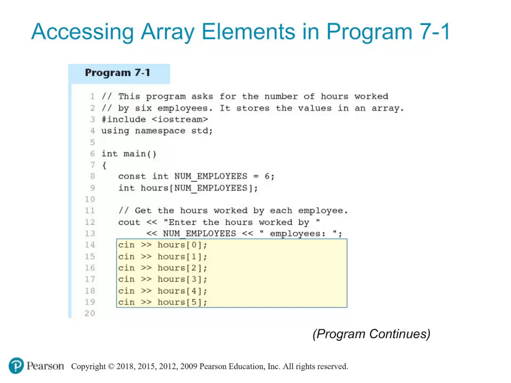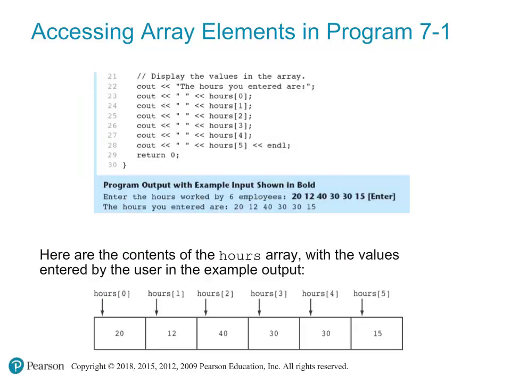Notice how we are accessing individual array elements to store these hours. After collecting all the data, the program uses cout to display the number of hours stored in the array. Again, we access individual elements of the array for output.